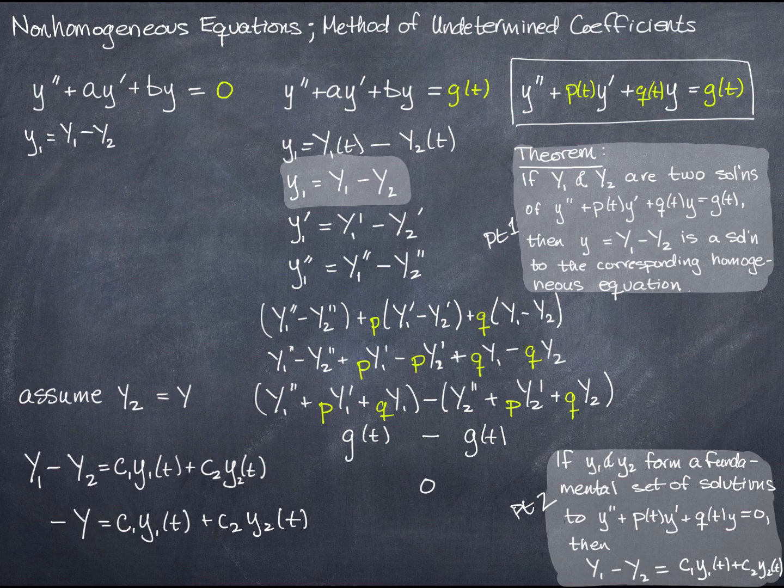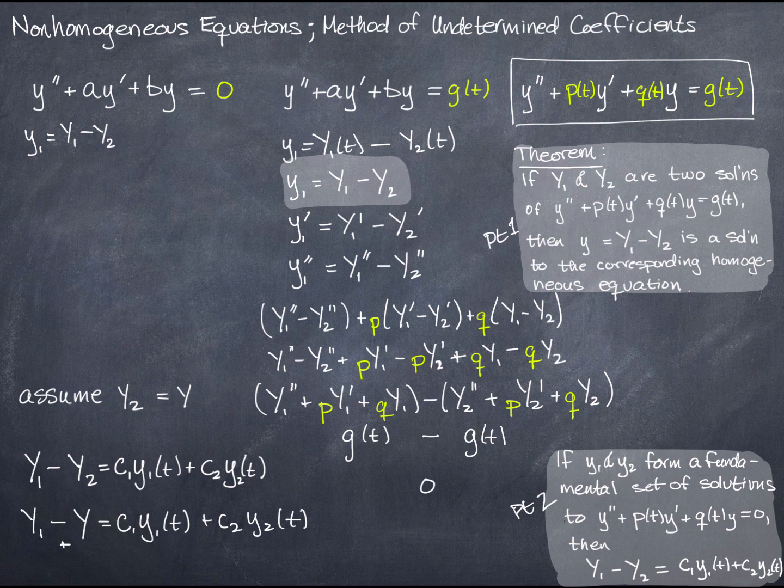We're able to show that the difference of these two solutions, whether we know what they are or not, is guaranteed to equal 0, and therefore this difference, y1, is a solution to the homogeneous equation. But we didn't know what they were. We just said they were some solution.